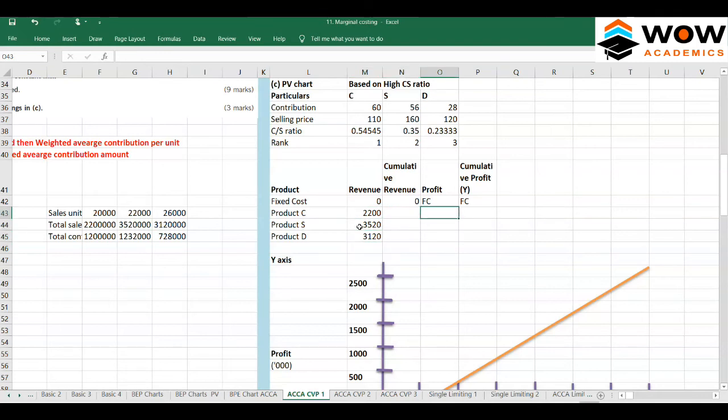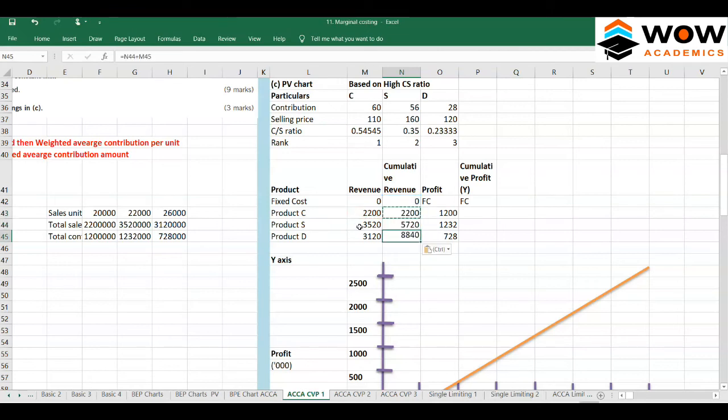Then we'll take the contribution. So this is the contribution here. Let's get the cumulative of it. The cumulative is the previous number plus this one.